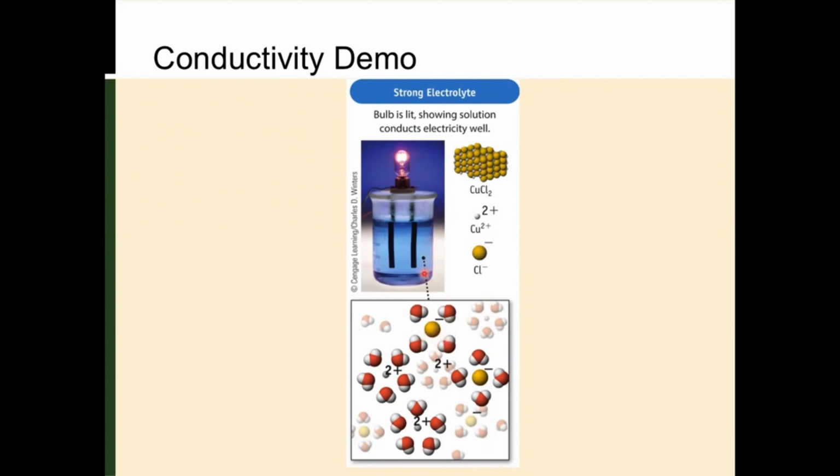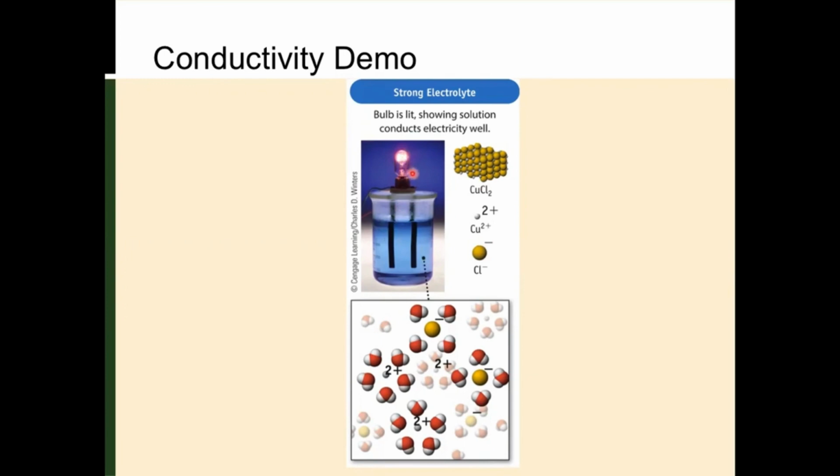Now, this happens in solution. And so this is how the current is transported between these two black lines, the electrodes. One will be the positive electrode and one will be the negative electrode. Those are linked up to some electrical wiring, and that electrical wiring flows through this bulb.